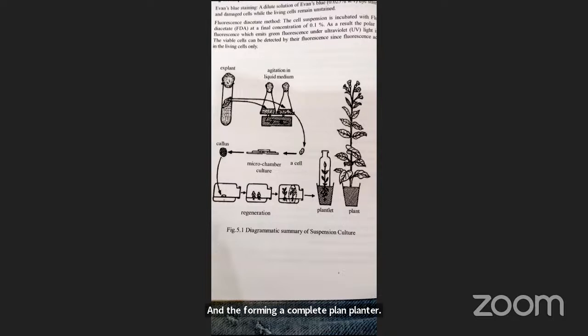Next, the plantlet is transported into another pot, and this potted plantlet is acclimatized to the natural environment. So this is the suspension culture process.